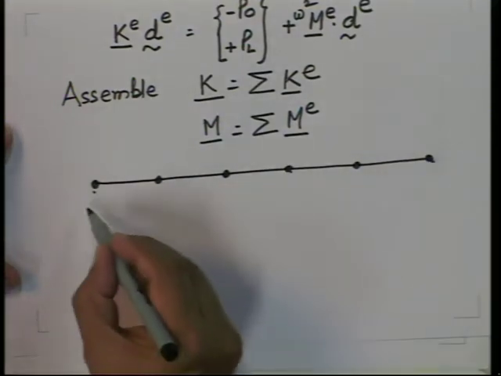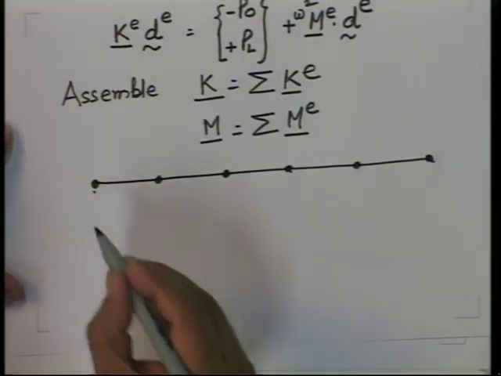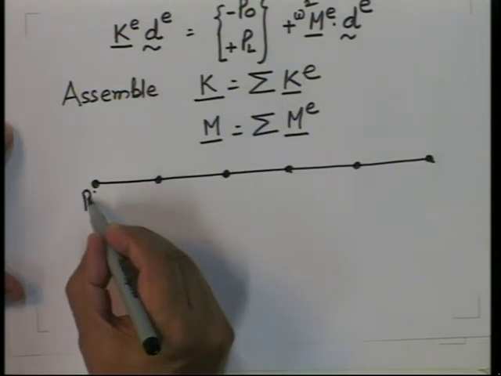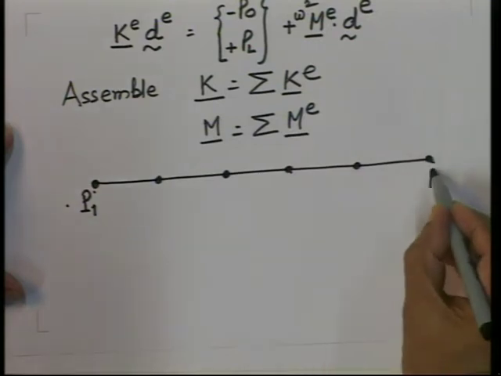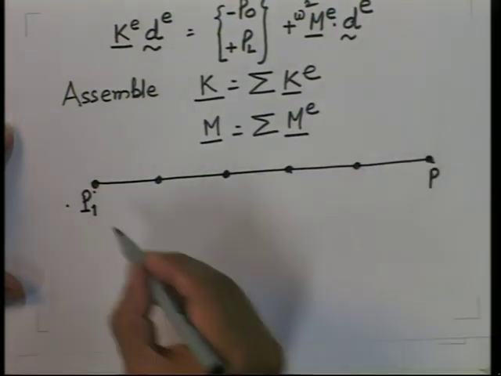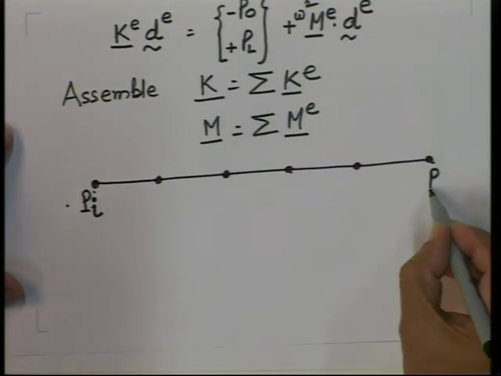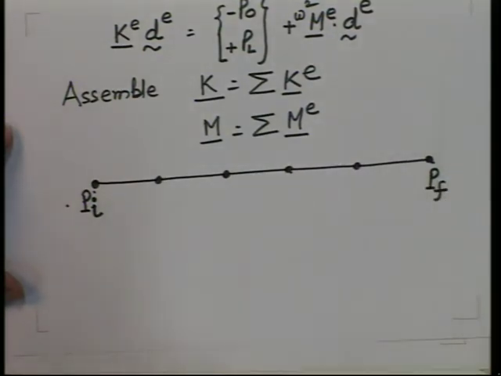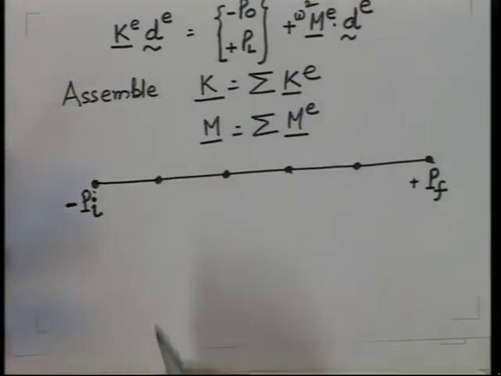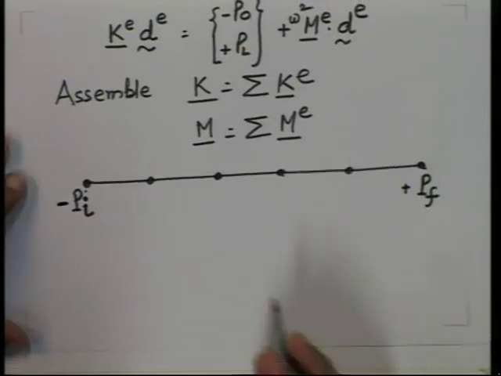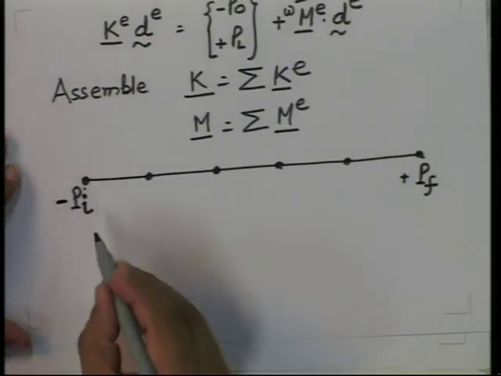So, here at the start let us call it P initial and here P final. This will be plus and this will be minus, and the rest will all be zeros. But when we are doing free vibration analysis, there are no external forces on the system.